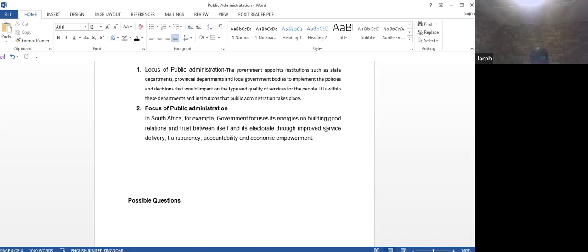It is needed so that it improves service delivery, accountability and economic empowerment, and so that there is transparency in the distribution of services. What is transparency? Transparency simply means that all stakeholders know all the activities that are being done, and they also have confidence in what is being done.